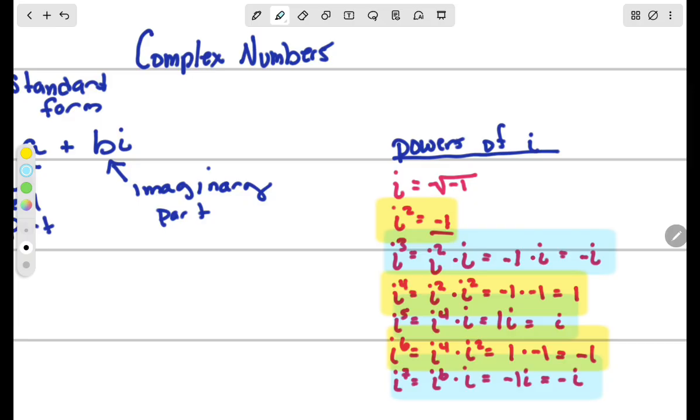What do you notice? All right, so when you have even powers, you have 1, whether it's negative 1 or positive 1. Anywhere you have an odd number, you have i, either negative i or positive i.